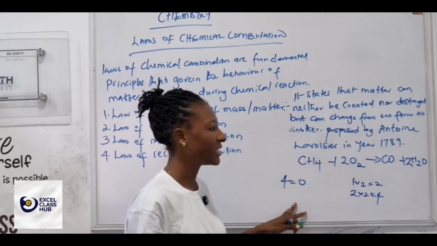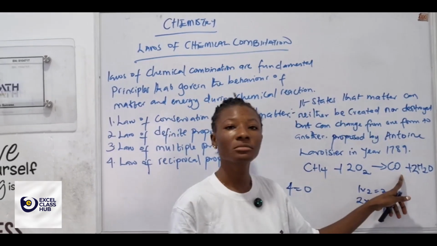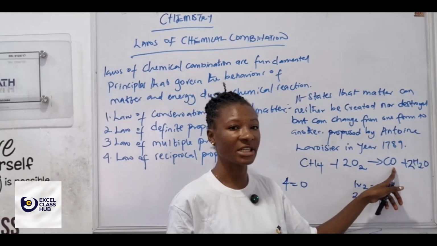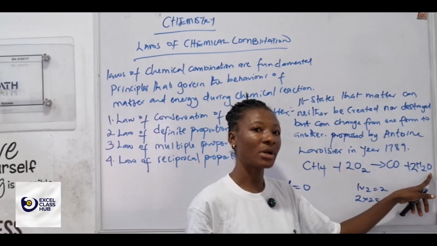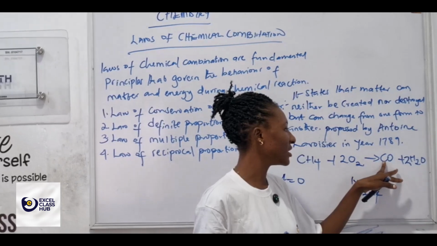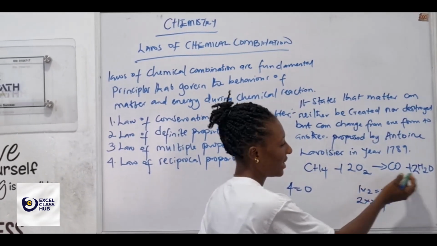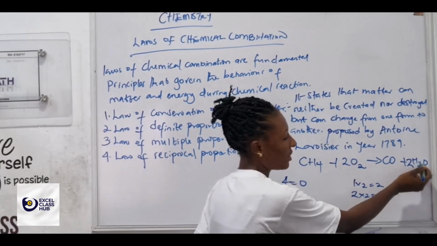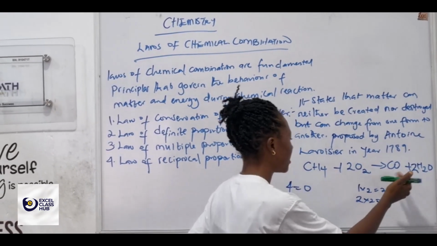But on the right hand side, we have 1 atom of oxygen in carbon dioxide plus 2 moles of oxygen and 1 atom of oxygen in water. That means oxygen is not balanced. 1 plus 2 gives us 3. That means it is not balanced.